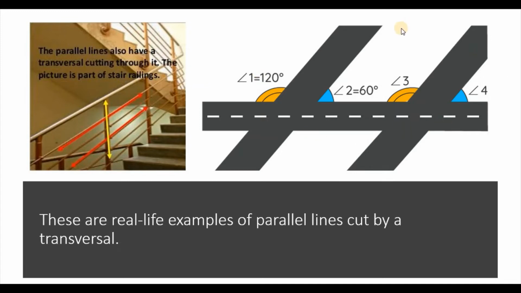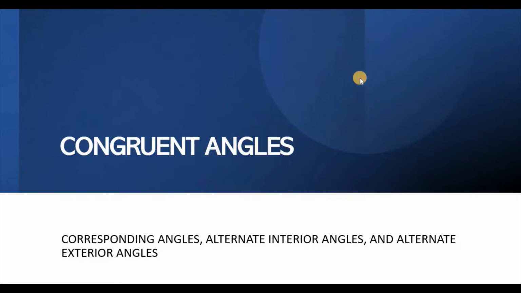And of course, this is, let's say, a street view. There are two streets and then the main road. So angles are formed here. So these are real-life examples of parallel lines cut by a transversal.